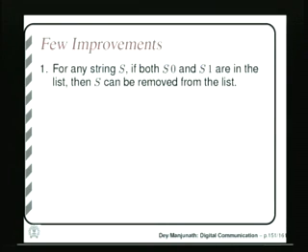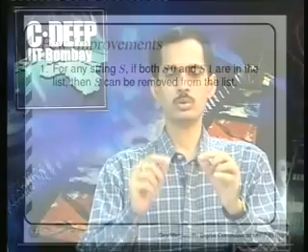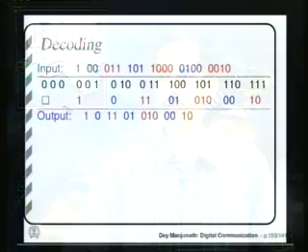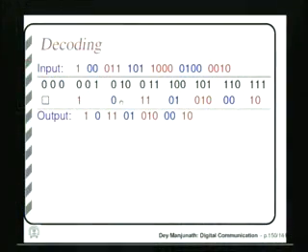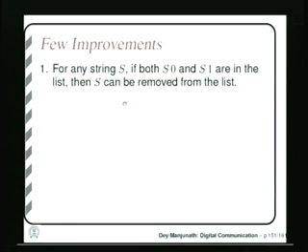Okay. Now we can do improvement in a certain way here. For example, if we have 0 and 1 both in the list, as we had it here, then we know that if both S0 and S1 are in the list, then S can be removed from the list.